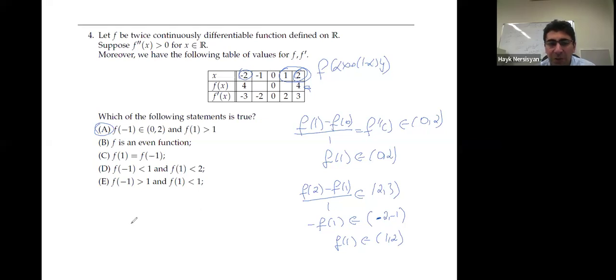We can try to find this alpha. So alpha times -2 plus (1 minus alpha) times 2 equals -1. Solve this and find alpha and use the concavity definition for this specific alpha. That also might be a useful step. But here we found the solution by applying mean value theorem.